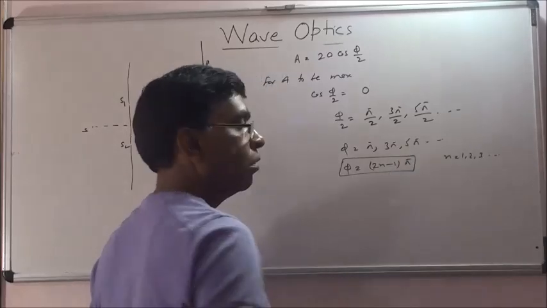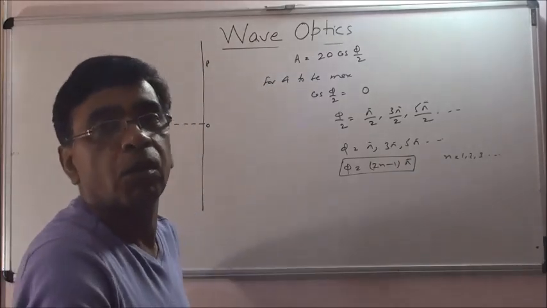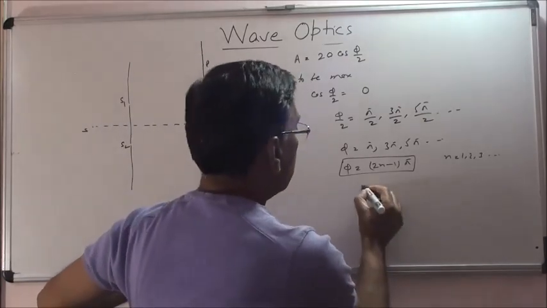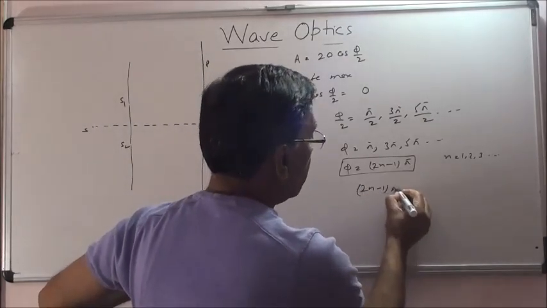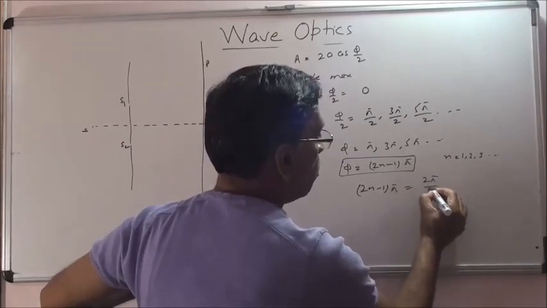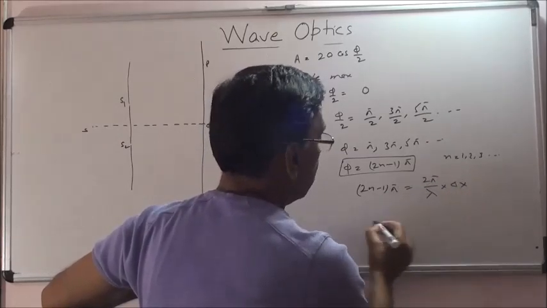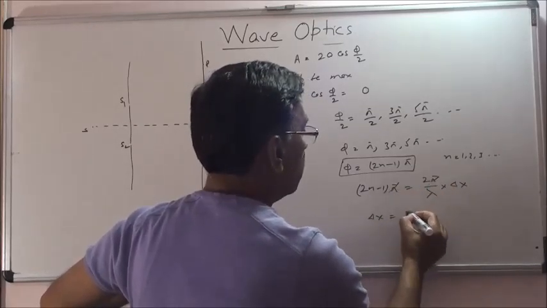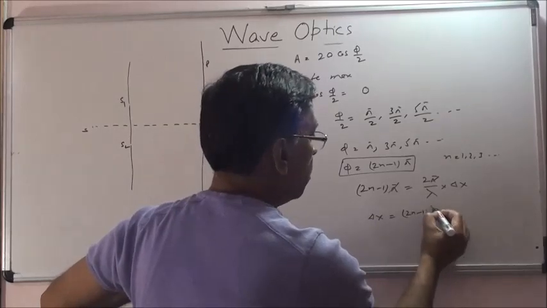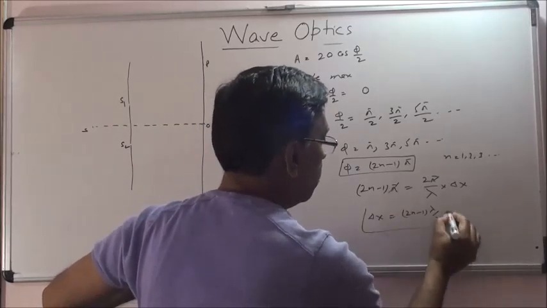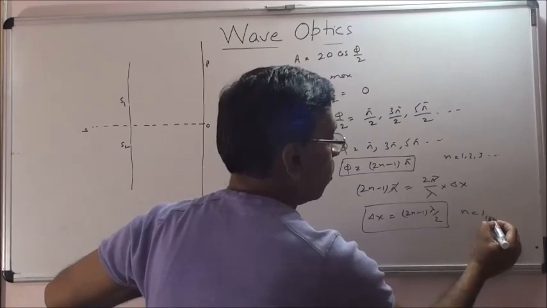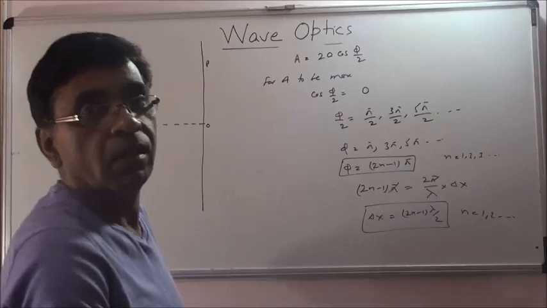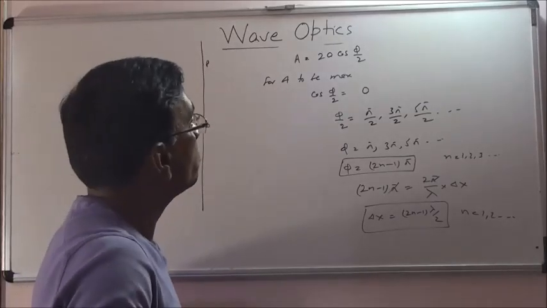An odd multiple of pi will give us minima. In terms of path difference, again phase difference is 2 pi by lambda into path difference. So delta x is (2n minus 1) lambda by 2, where n starts from 1. So these are the conditions to get maxima and minima.